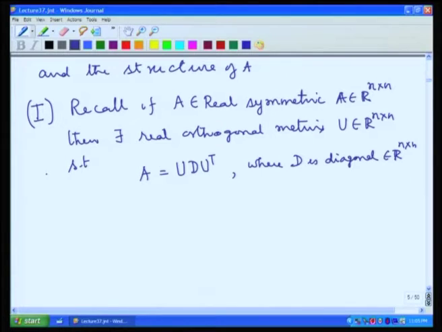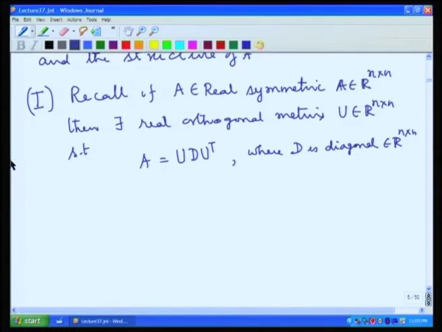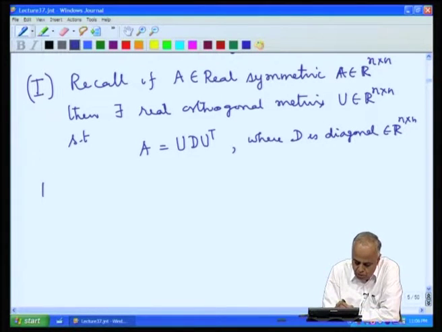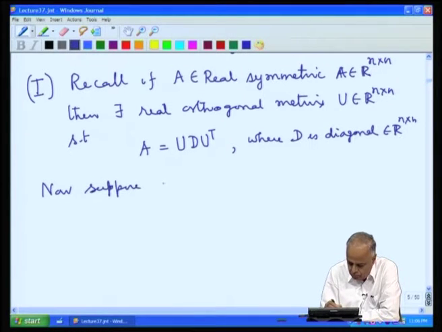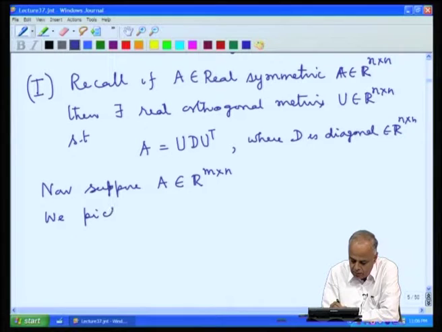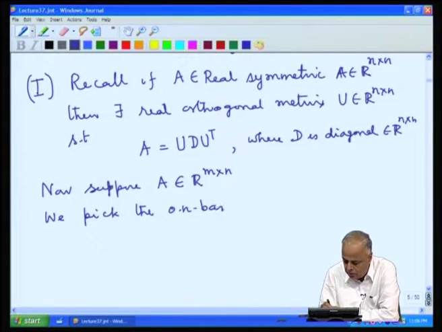Now, what we will do is look at a general version of this result for a general m by n matrix. So, now suppose A is a general m by n matrix and then we pick the orthonormal bases as above.